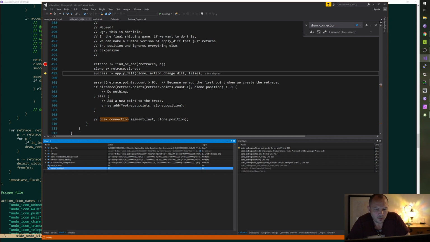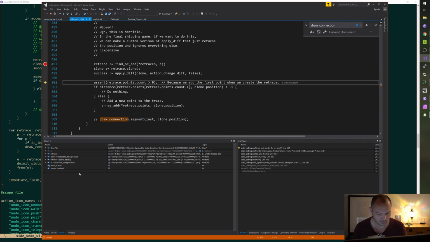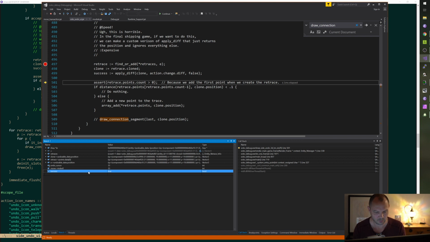So we're supposedly applying a diff from here. Does it fail? I don't think it should fail, but the position also isn't changing, right? Position has not changed. Success succeeded, but position did not change.